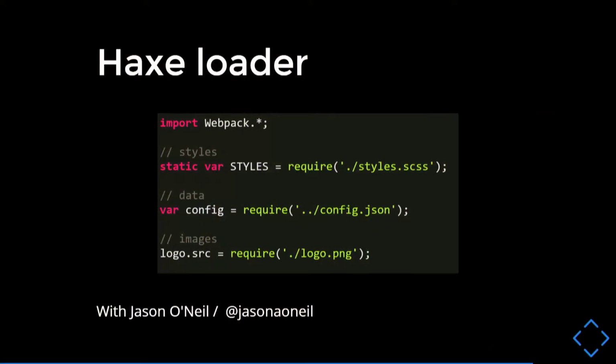So that's really the secret. And we have a Haxe loader, and when you use Webpack in your Haxe code, then you can require styles, you can require data, you can require images. That works the same as in JavaScript.